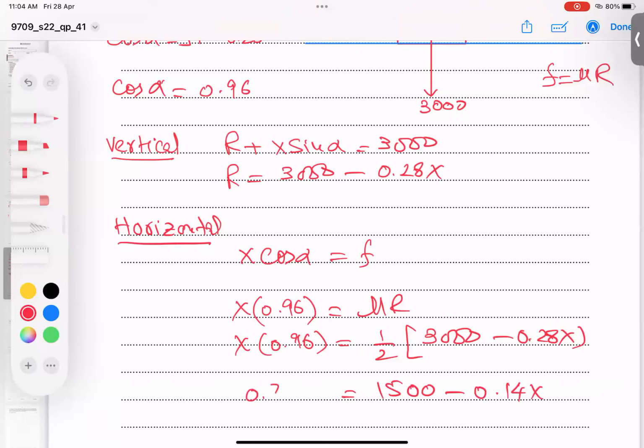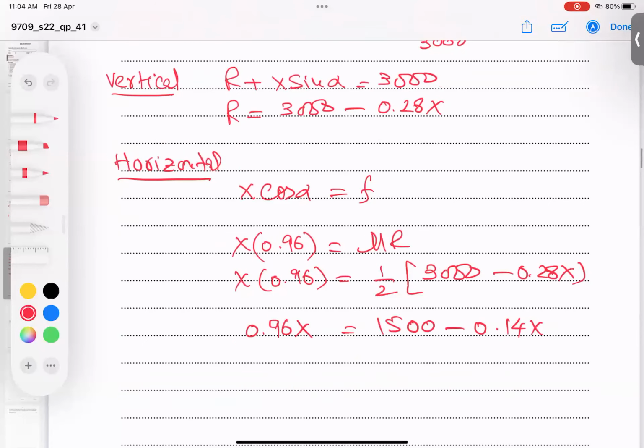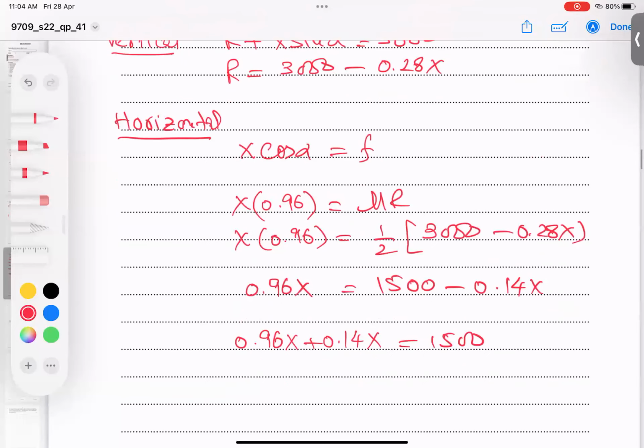And here 0.96x. So this will come on this end: 0.96x plus 0.14x equals 1500. If you add 0.14 plus 0.96, it is giving me what? 1.1.